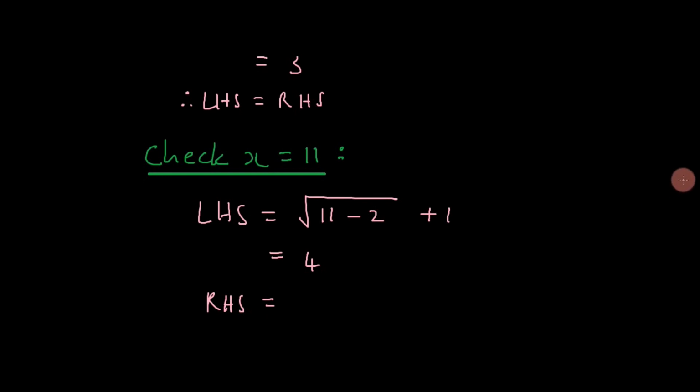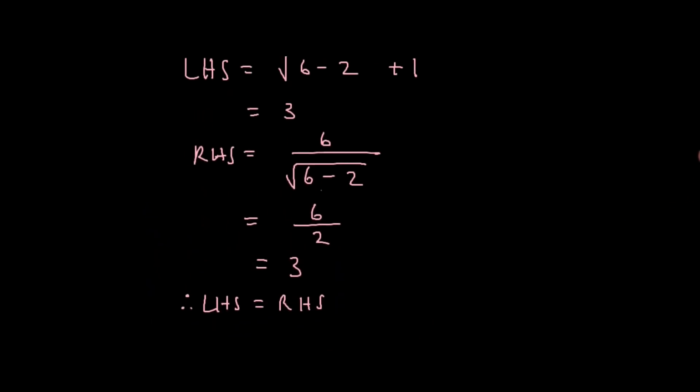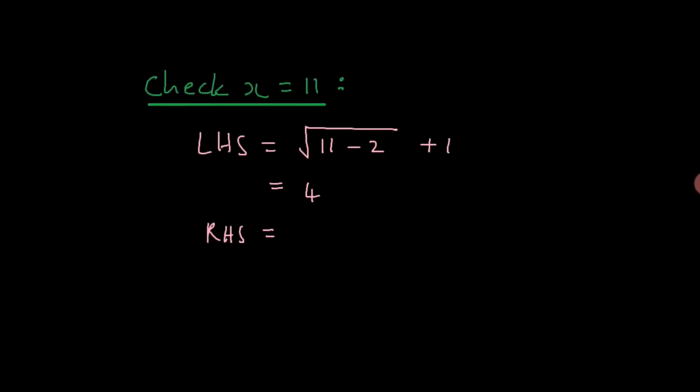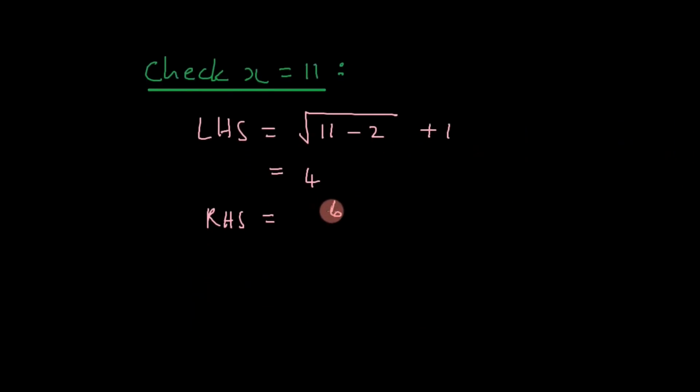And the right-hand side was 6 over the square root of x minus 2. So it's going to be 6 over the square root of 11 minus 2. And, of course, 11 minus 2 is 9. Square rooted will give us 3. So it's 6 over 3, which is 2.